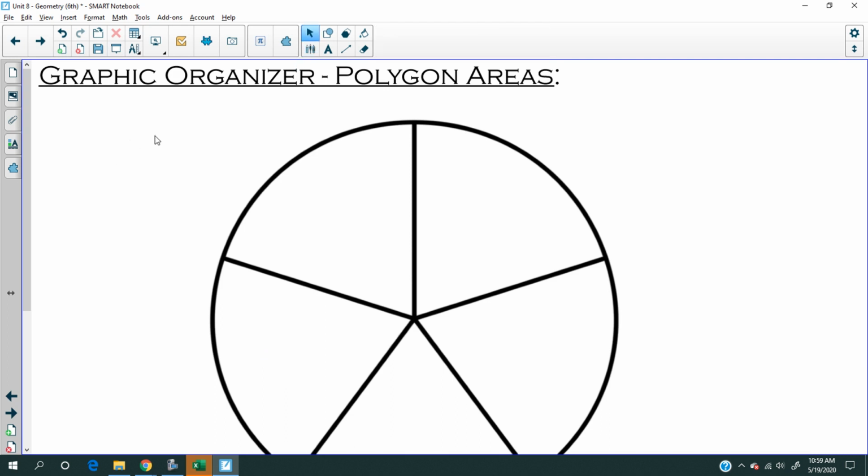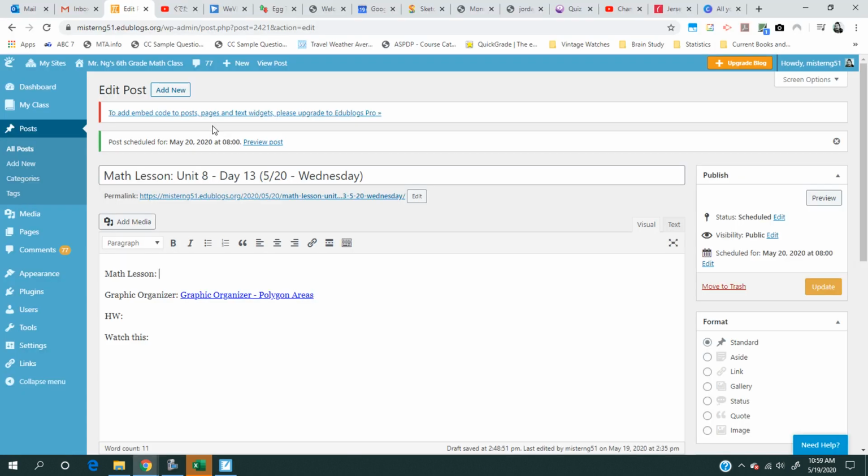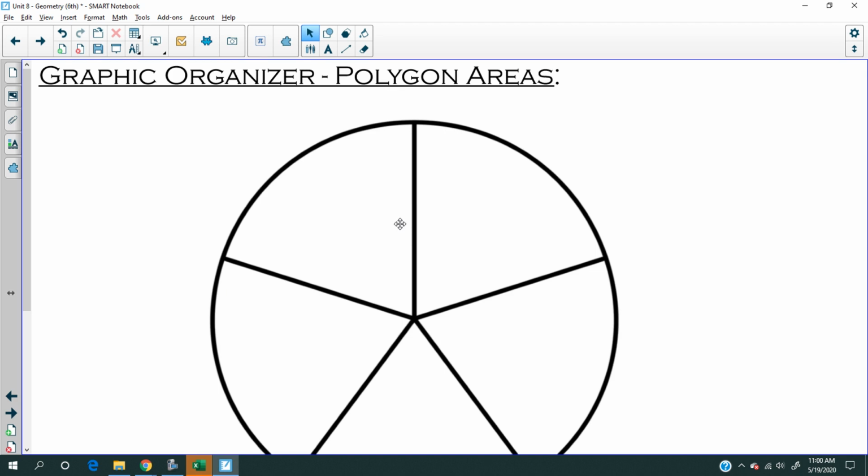Back in the day when we were in the classroom, I could just give everyone a graphic organizer and you'd put all the information here, no problem. But nowadays it's a lot harder, only because many of you don't have a printer. So if you have a printer, I made a graphic organizer for you guys. You can print this out and put it in your notebook somewhere.